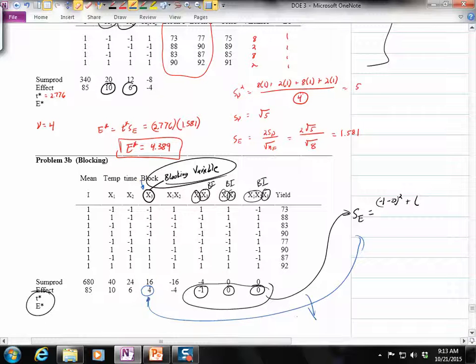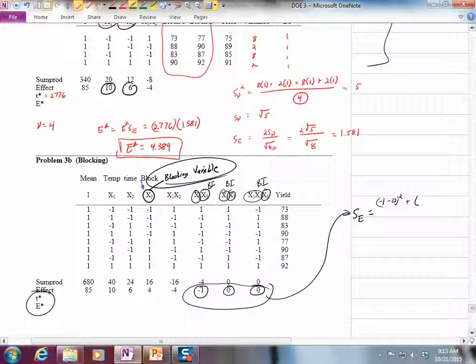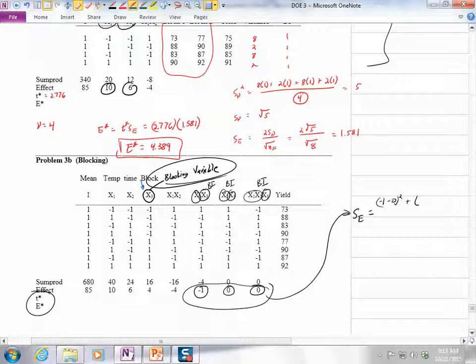The whole purpose of this is to try to remove this from the noise. So our assumption is that the factors don't interact with this blocking variable. Or said another way, that the effects of the factors have to be much, much bigger than these blocking interactions.